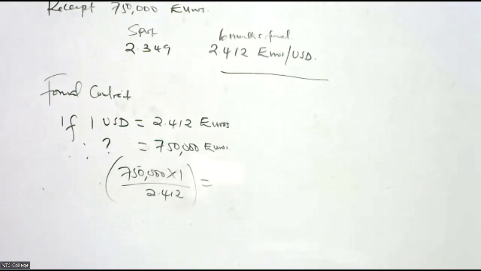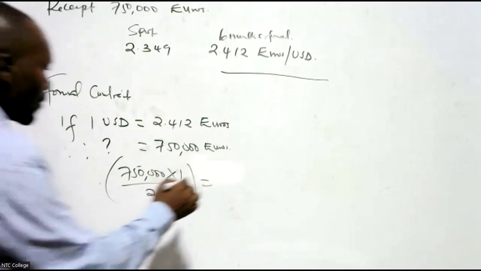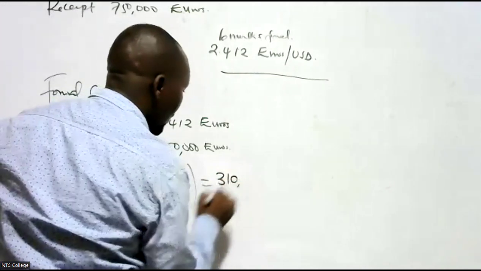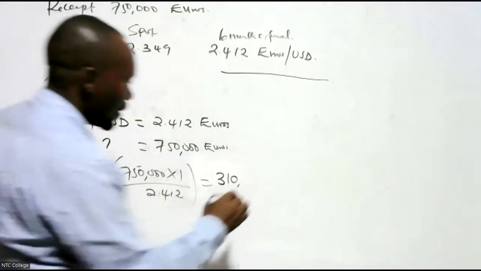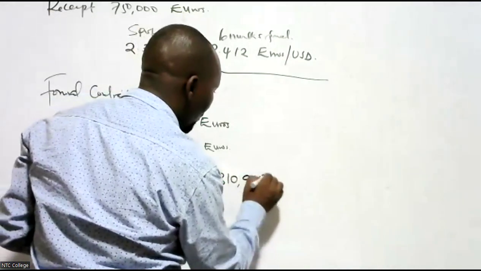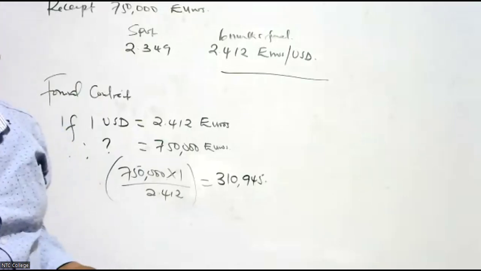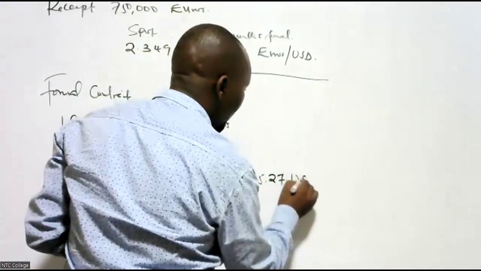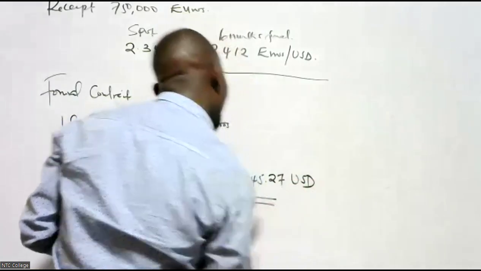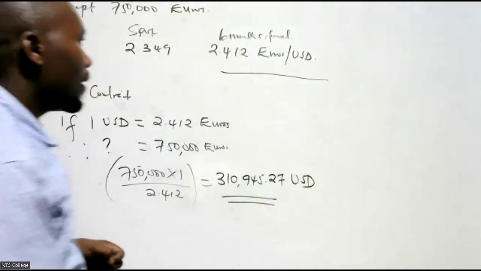750 divided by 2.412. So this person will receive 310,945.27 USD. That is for the forward contract.